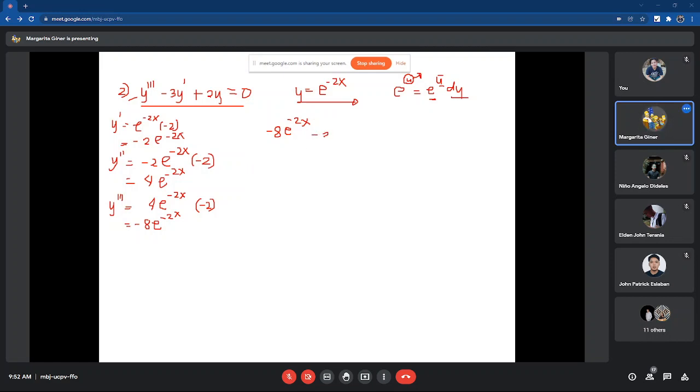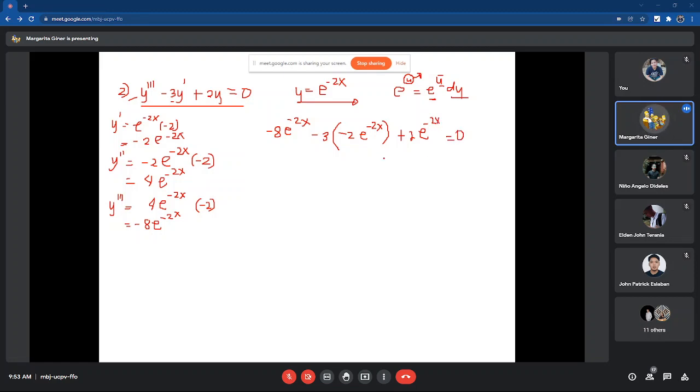Minus 3, and then the first derivative is negative 2e negative 2x. Okay? Plus 2y. So, your y is e raised to negative 2x. And this is equals to 0.